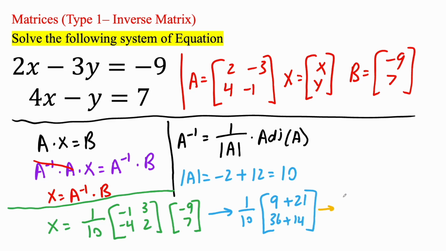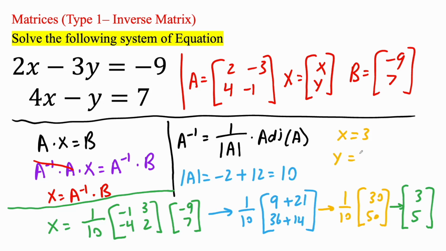And so we'll continue: 1 divided by 10 times the matrix 9 plus 21, which gives us 30, and 36 plus 14, which gives us 50. And 30 divided by 10 would give us 3, and 50 divided by 10 would give us 5. And we said matrix X is equal to 3, 5. The 3 corresponds to the X value, and the 5 corresponds to the Y value. So let's write this down. X is equal to 3, and Y is equal to 5.